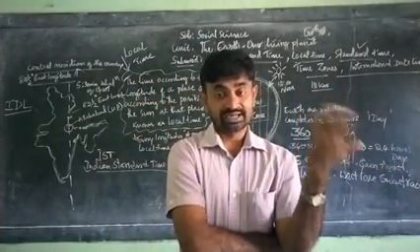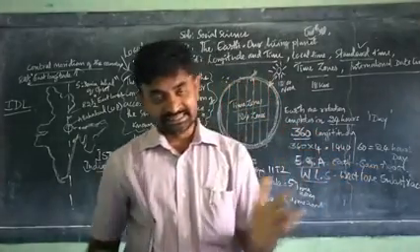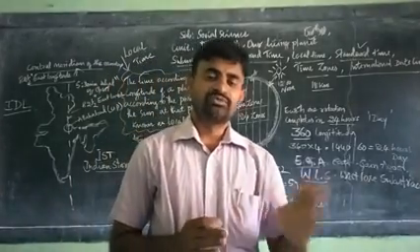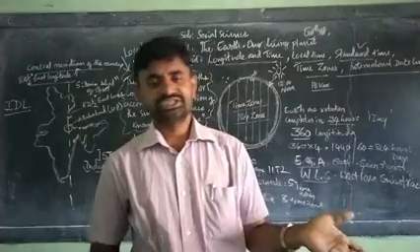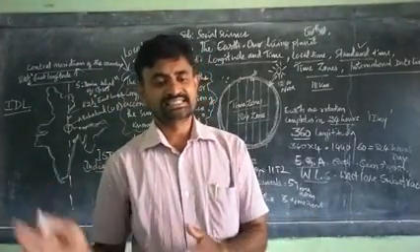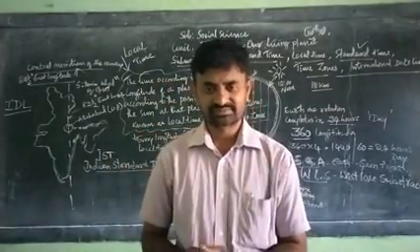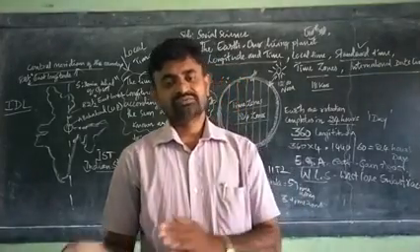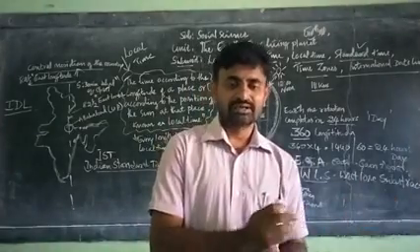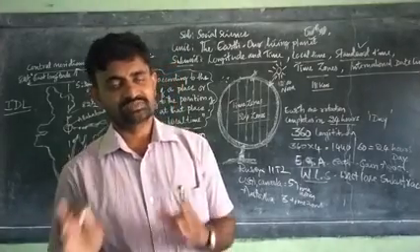For example, any ship crossing this international date line from west, I mean Asia, to east, North America, takes a day twice. While a ship crossing this line from east to west, for example North America to Asia, drops one day.